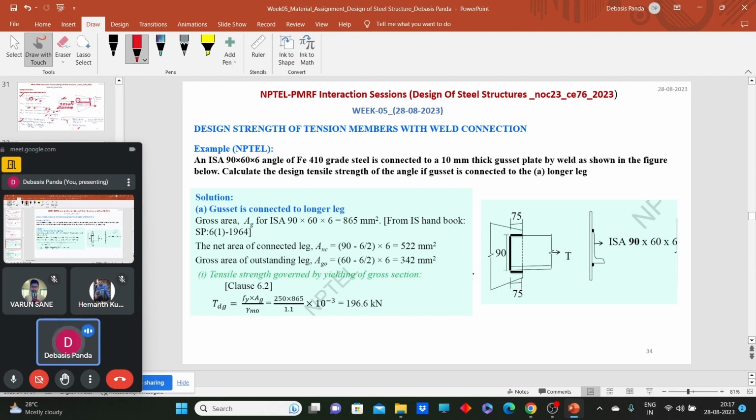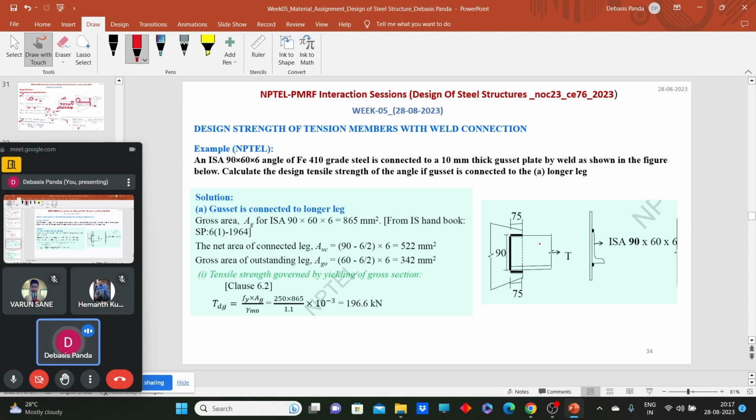So what will be different here? We have an angle 90 by 60 by 6, connected with a 10 mm thick gusset plate by fillet welding. What will be the difference in calculation?